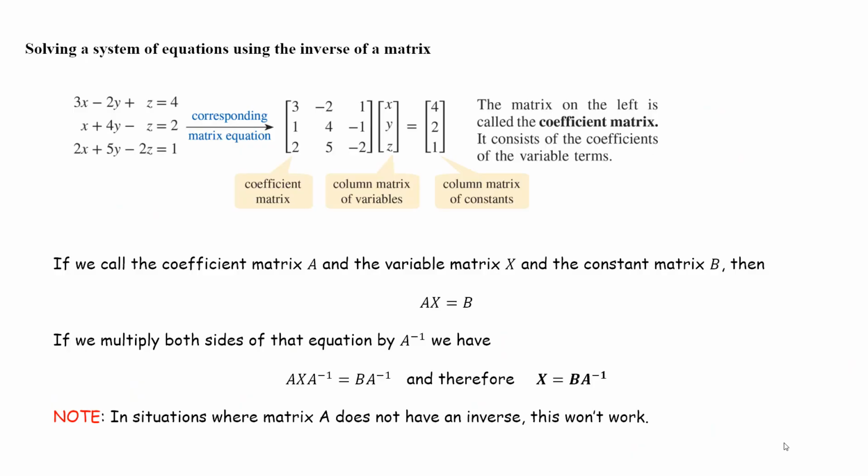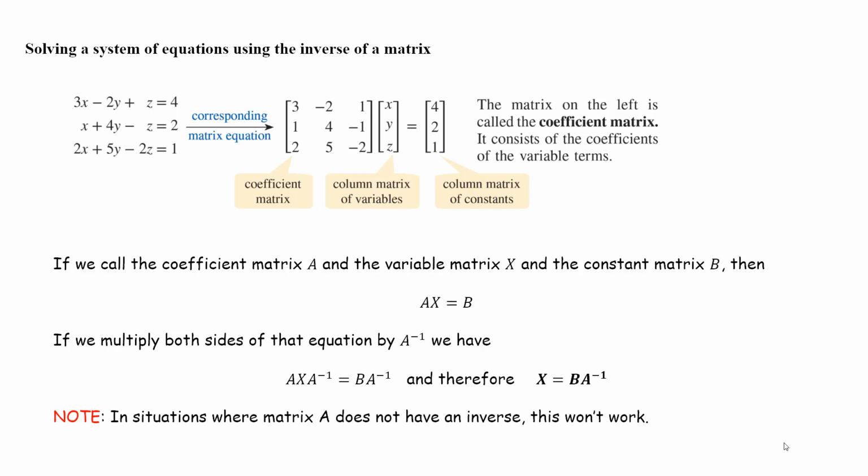All right, so solving a system of equations using the inverse of a matrix. This is just like in algebra, how you would solve for x. So you have this system of 3 equations and 3 unknowns.